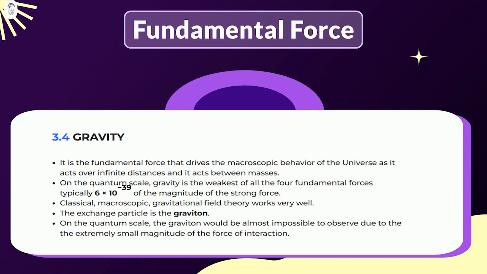And macroscopically, the gravitational theory works very well. The exchange particle in gravity is the graviton. On the quantum scale, the graviton would be almost impossible to observe due to the extremely small magnitude of the force of interaction.